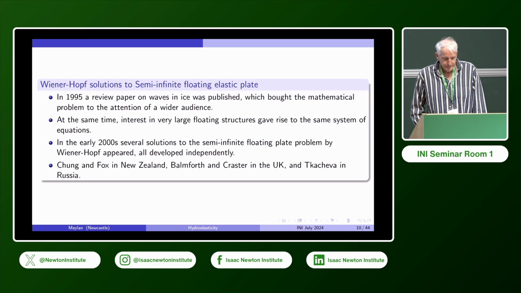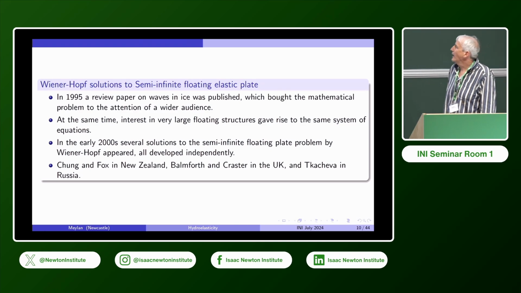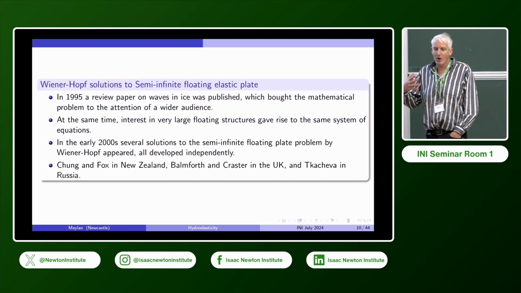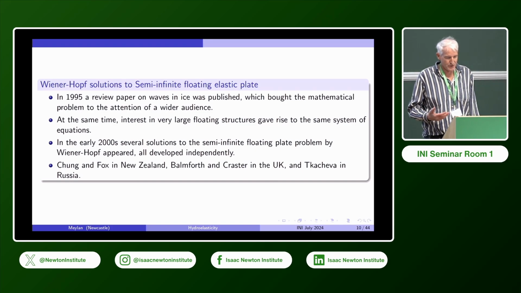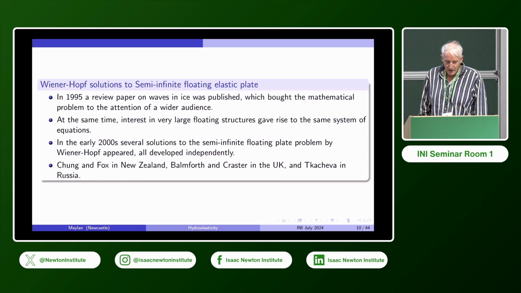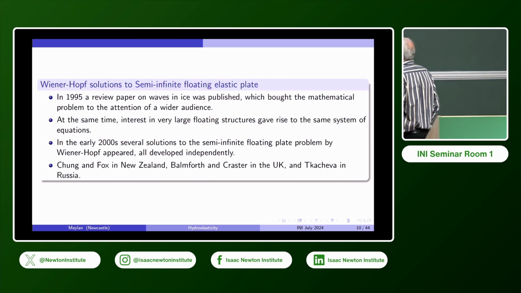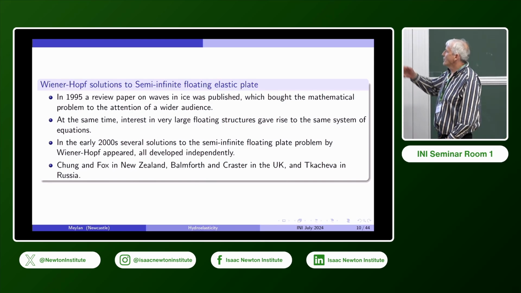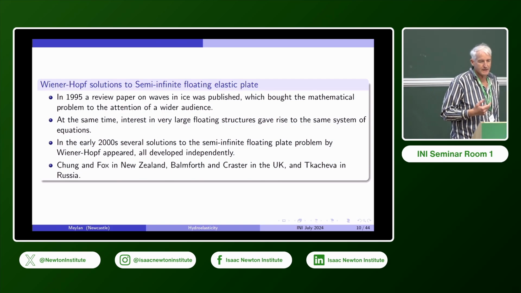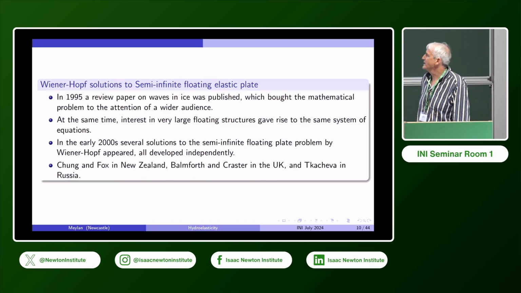And then in 1995, there was a review paper on these waves in ice, and it brought this topic into greater interest. It exposed it, and a lot of applied mathematicians and various people became interested in understanding the system of equations. And then, as often happens, the actual Wiener-Hopf solution for this problem appeared in the early 2000s, and 3 different people independently, I'm certain that they were all independent, produced the solution around the same time.